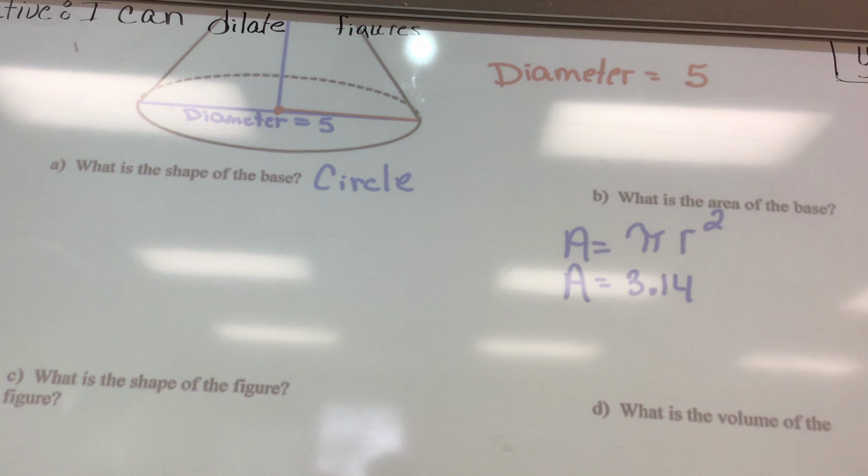So the radius is 5 divided by 2, which is 2.5. So in place of r, I'm going to put down 2.5, and then square it. Today, we're not going to focus on the units, we're just focusing on the numbers. Later, we'll put the units back in.